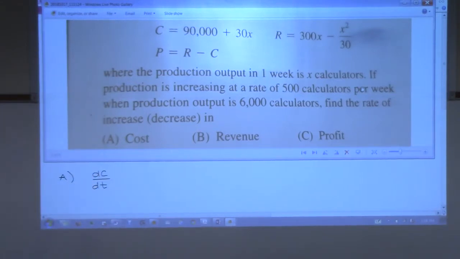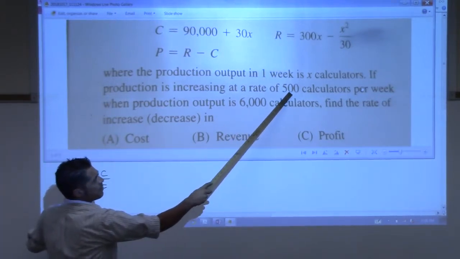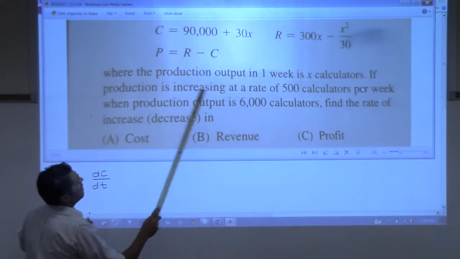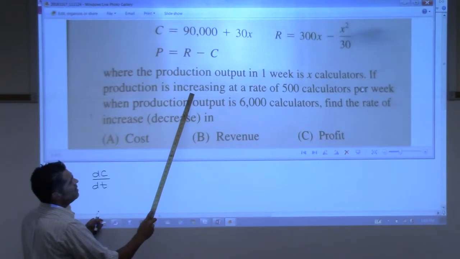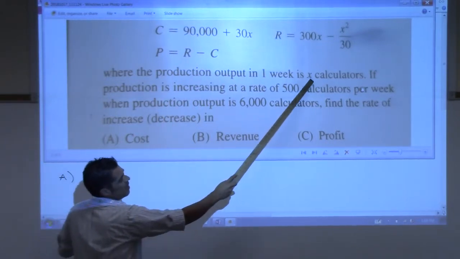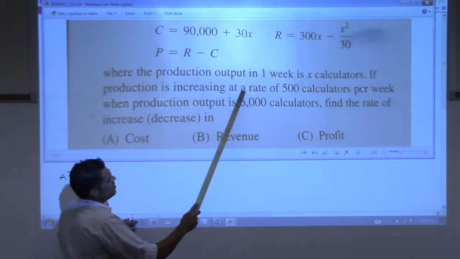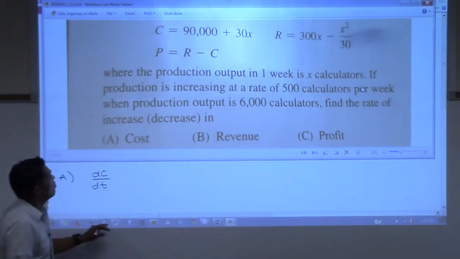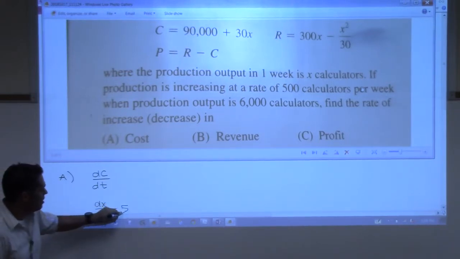Now, is there anything that we're given in the problem? Do we know anything? What does this 500 represent? Okay, so if production is increasing at a rate, what's production again? Production is the output, X calculators, right? Production is how many calculators we're making, which is X. If our production is increasing at a rate of 500 calculators per week, then dx/dt must be 500.